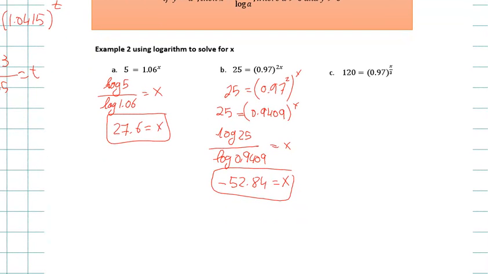So this can be written as 120 equals 0.97 to the power of 1 over 3, to the power of x. What does the power of 1 over 3 mean? If it's 1 over 3, it means we flip it? No, that's if it's the base.